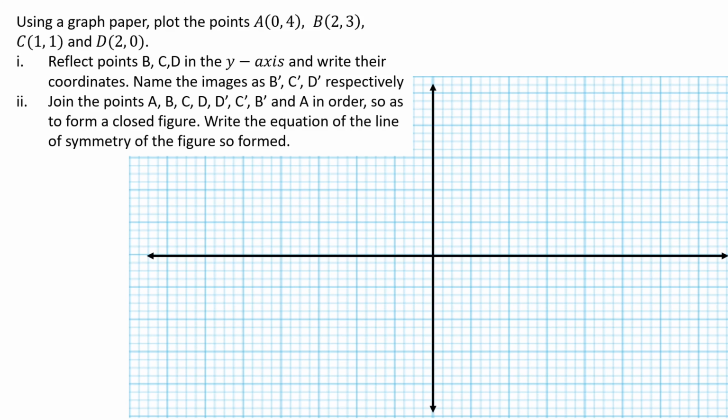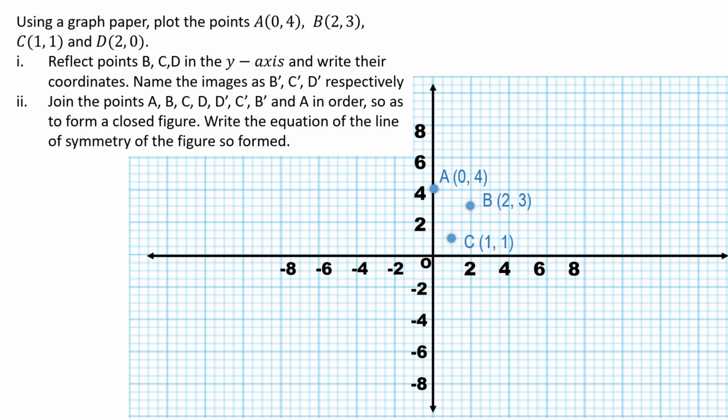So again, first we will mark x and y axis with the numbers on the graph paper and plot the given points. A 0,4, B 2,3, C 1,1 and D 2,0. Now we need to reflect the points B, C and D on y-axis.